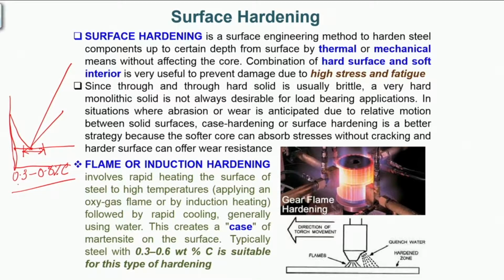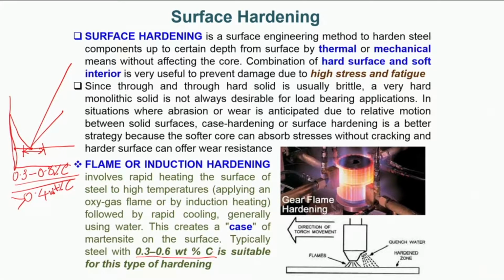We require typically somewhere around 0.3, optimally 0.4 weight percent of carbon or above. This is what we need. Why we need this carbon content, I will come to that in a minute.